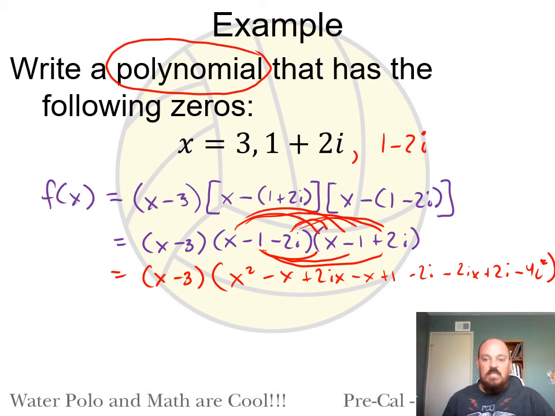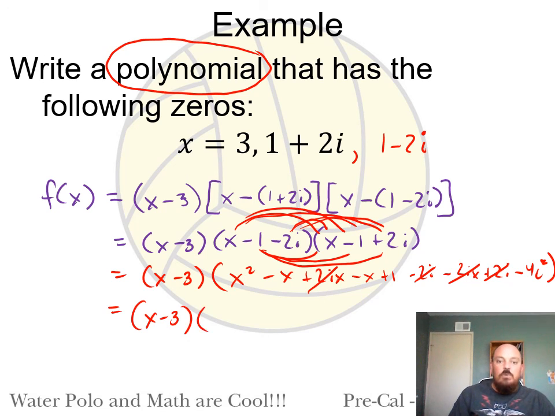Now what happens, because they're conjugates, all those i terms cancel out. Like I have a plus 2ix and a minus 2ix. And I have a minus 2i and a plus 2i. So this cleans up nicely. We still have that x minus 3 out front. What we end up with is x squared. We have minus 2x total, because I have a minus x here and another one here.